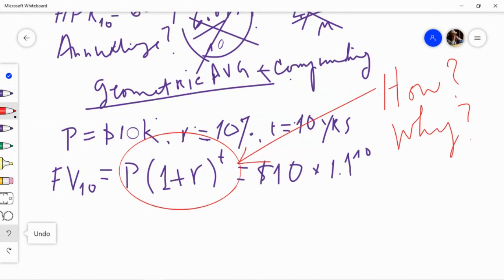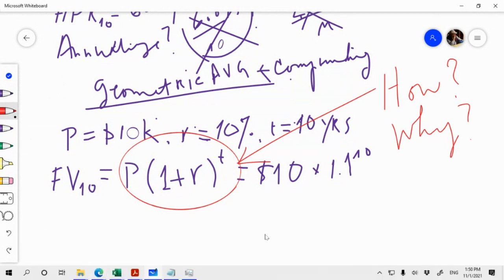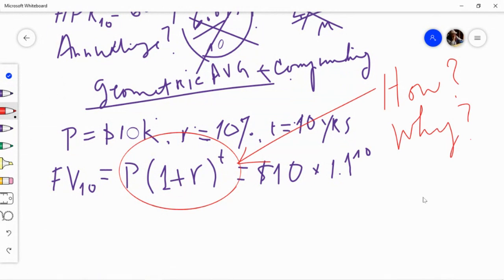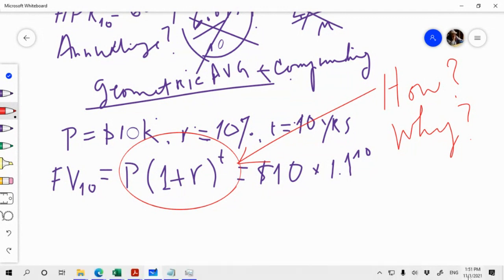How they arrived at this formula, instead of just throwing the formula at you and saying memorize. In most finance classes, they'll just throw the formulas at you and expect you to memorize, which is really meaningless, because it's not the formula itself that matters, it's how we came to this. So I'm gonna talk about that.